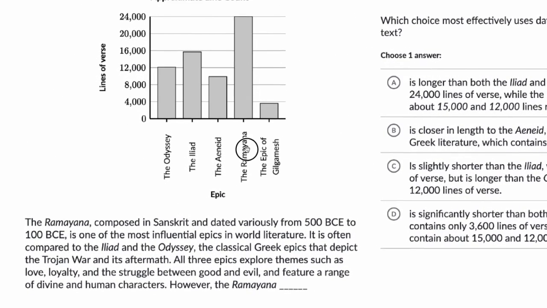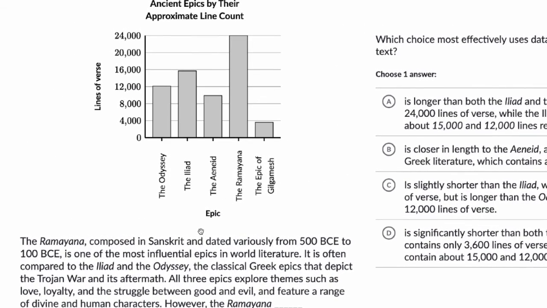"The Ramayana, composed in Sanskrit and dated variously from 500 BC or before Common Era to 100 BC, is one of the most influential epics in world literature. It is often compared to the Iliad and the Odyssey, the classical Greek epics that depict the Trojan War and its aftermath. All 3 epics explore themes such as love, loyalty, and the struggle between good and evil, and feature a range of divine and human characters.